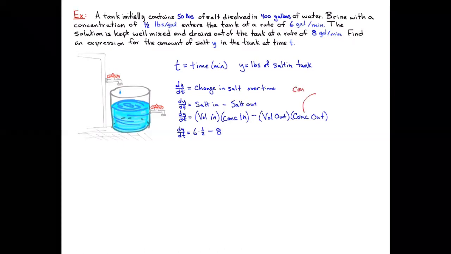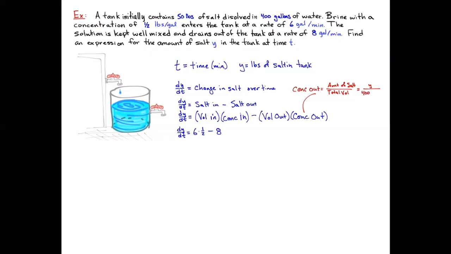So our concentration out, well, that's the concentration of everything that's in the system. And everything that's in the system is the amount of salt over the total volume. The amount of salt is just Y. The total volume started at 400 gallons.